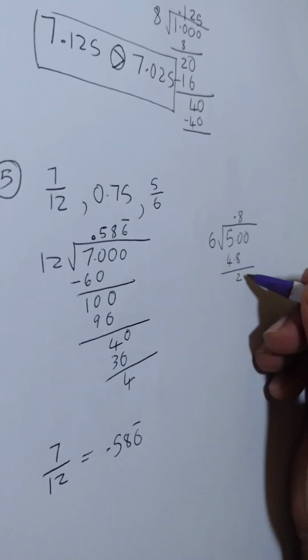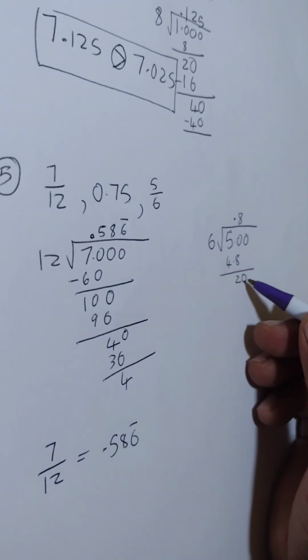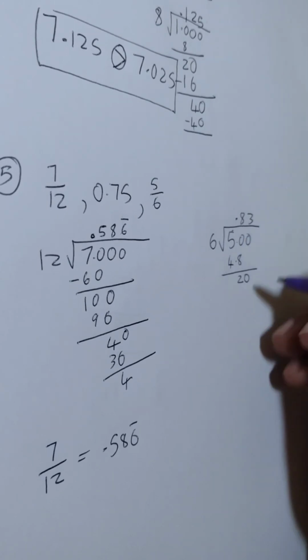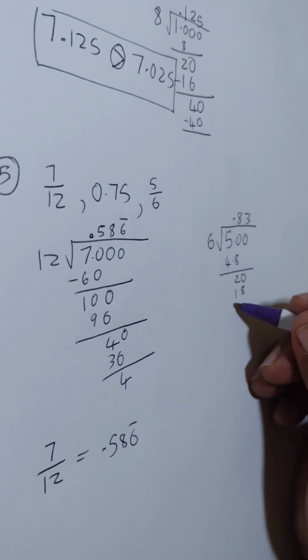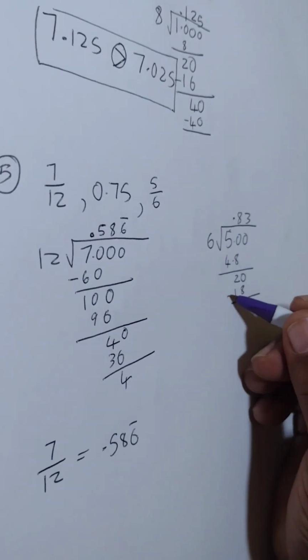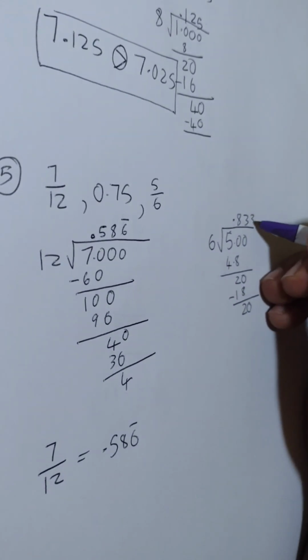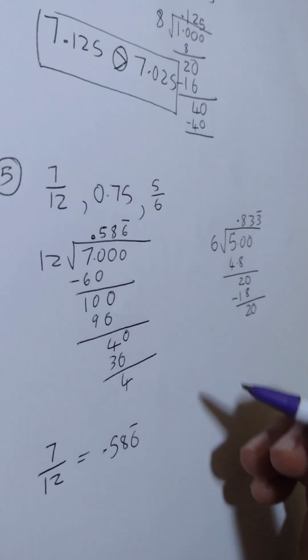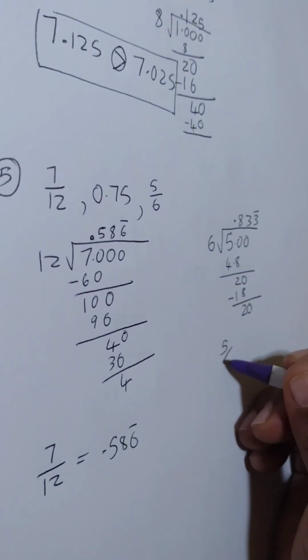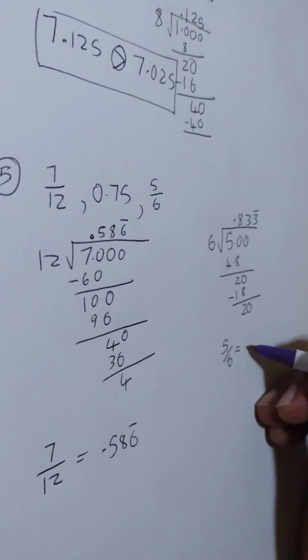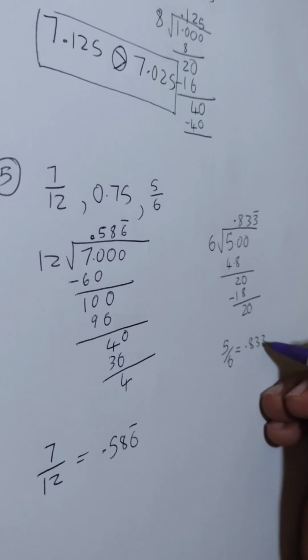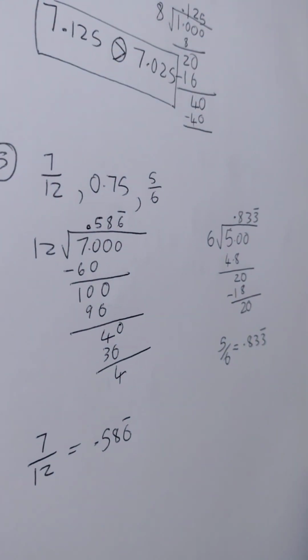I get 2 here. Bring the 0 down. 6 goes into 20 3 times. It's an 18, because 6 times 3 is 18. Now I have 2. 6 goes into 20 again. You see it's going to start repeating. So the truth is that 5 over 6 is equal to 0.833 recurring. I hope you've heard about what recurring is.